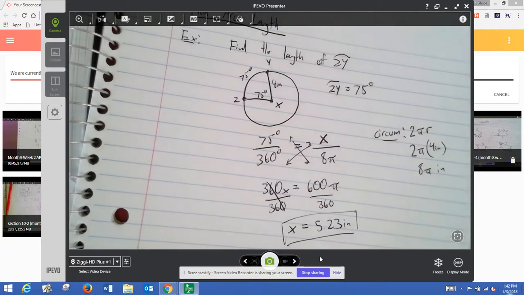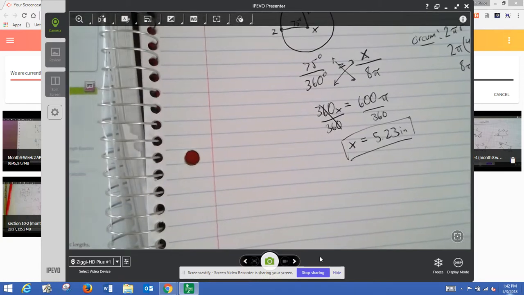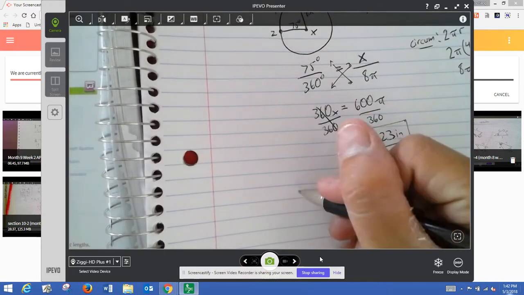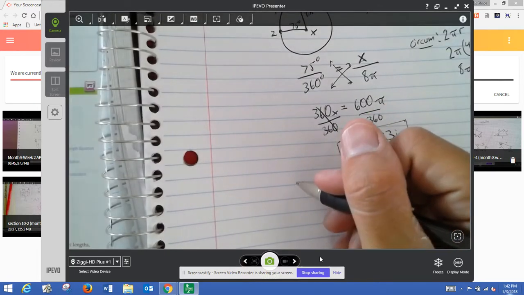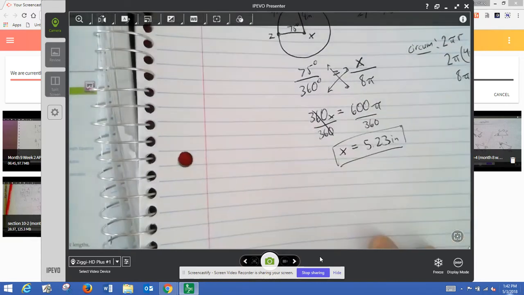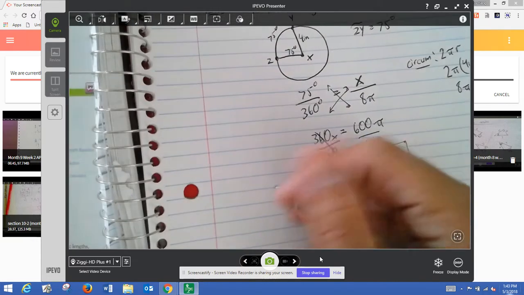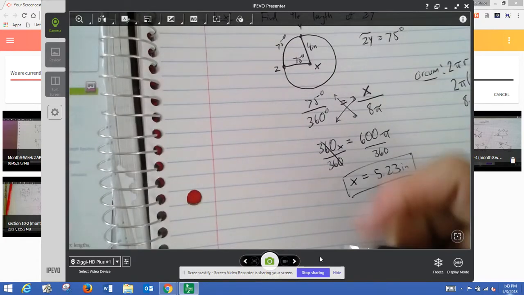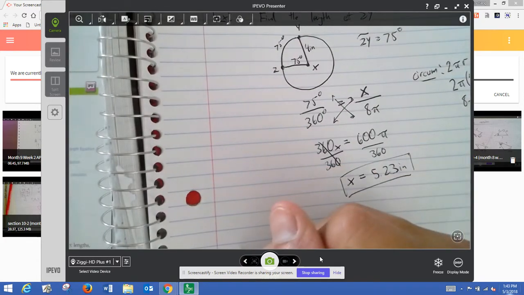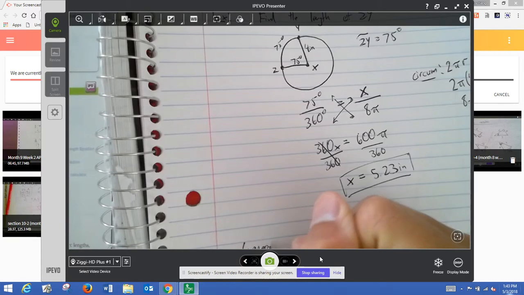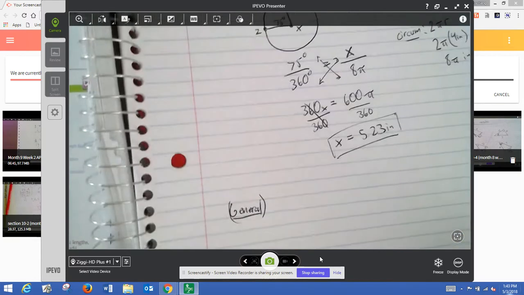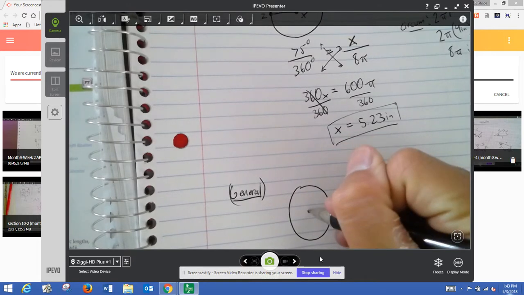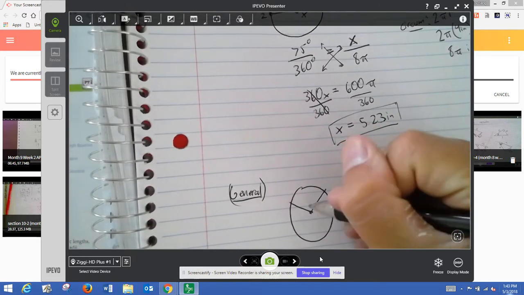In case you don't know what I just did, here's the general formula, okay? Let me give you the circle for what you just did. Let's say that that's x degrees.